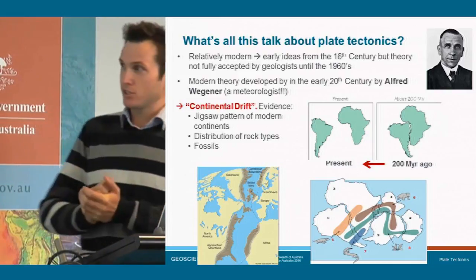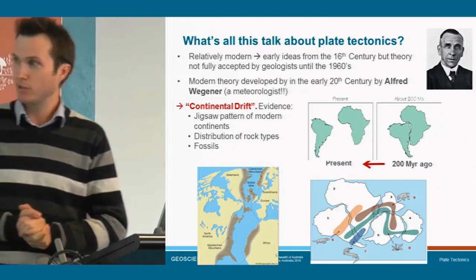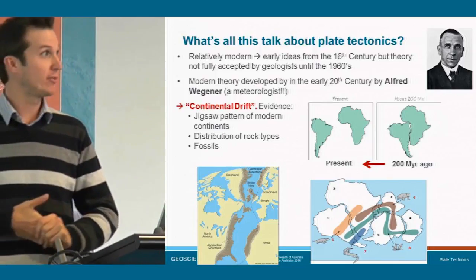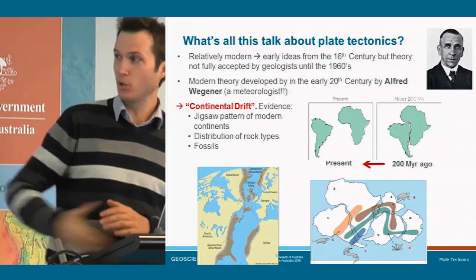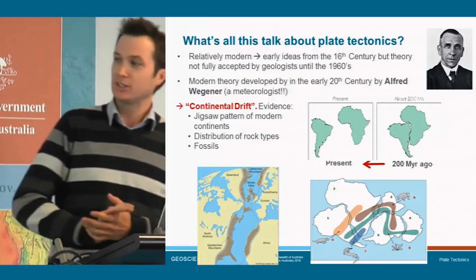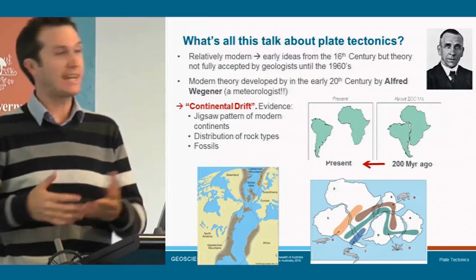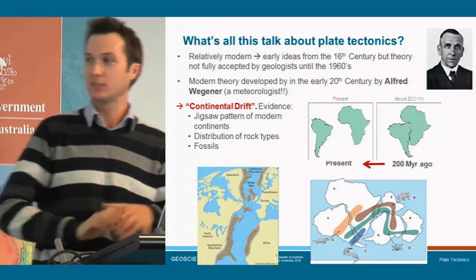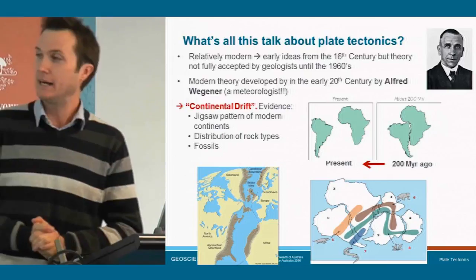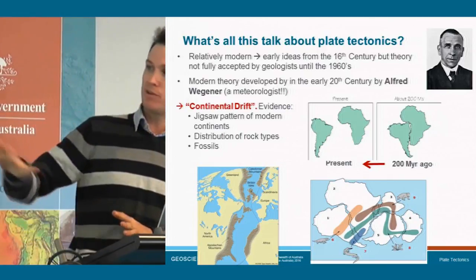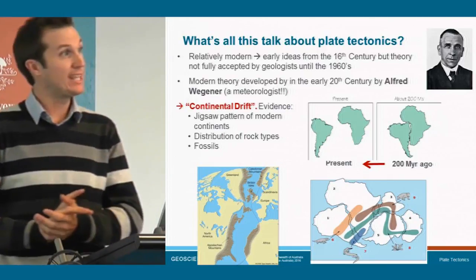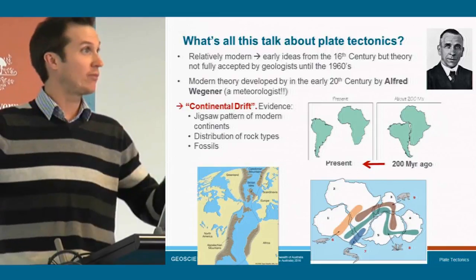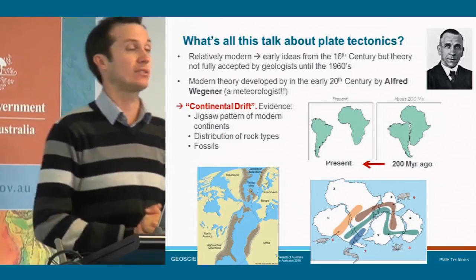Other lines of evidence, going back to Tegan's talk of paleontology, is when we look at the distribution of fossils. We're talking exclusively now about land animals, the ones that couldn't fly across continents, so they would have had to have walked everywhere. We find a lot of fossils of similar age in rocks that are, again, across now very distant continents.